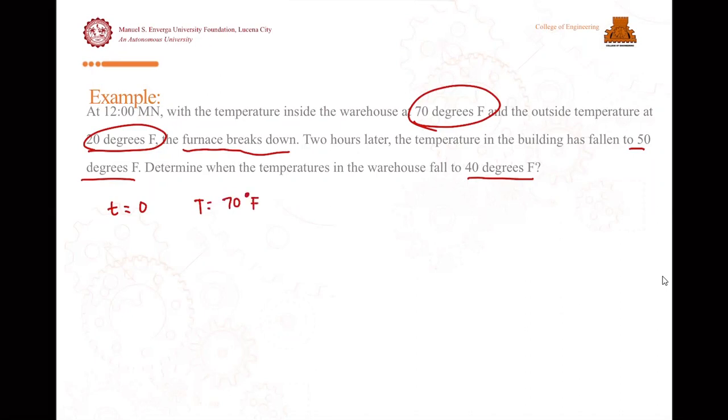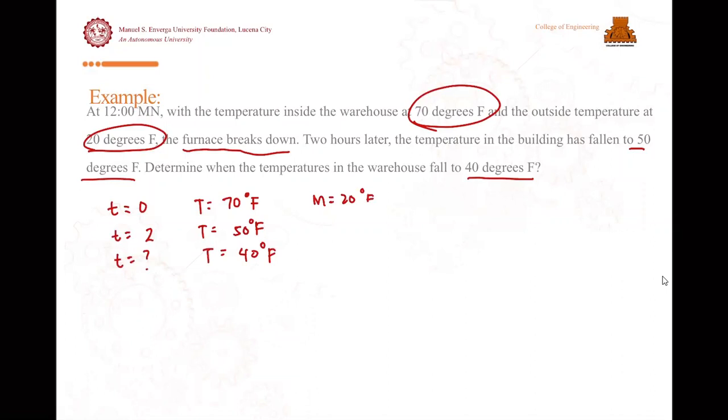Then after 2 hours of the breakdown, our temperature is now 50 degrees Fahrenheit. The question is, when will our temperature be 40 degrees Fahrenheit? Okay? Then here, our medium, or our control, is the outside temperature. So, our M here is 20 degrees Fahrenheit.